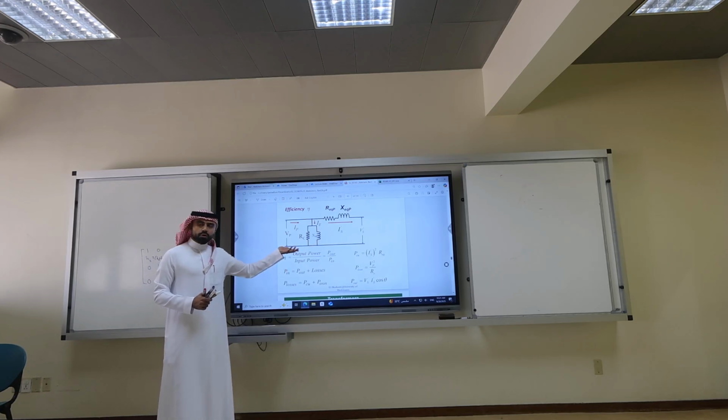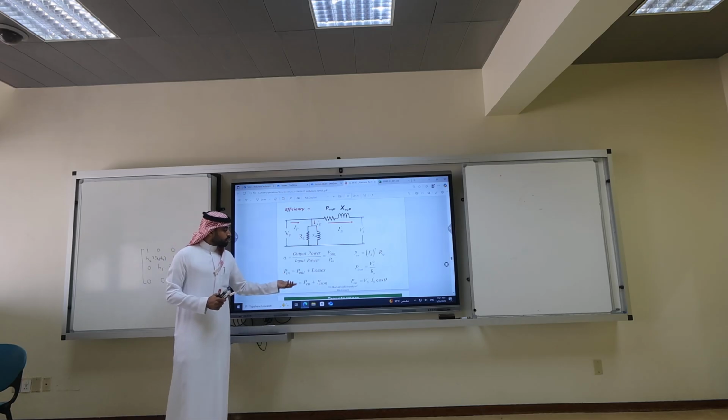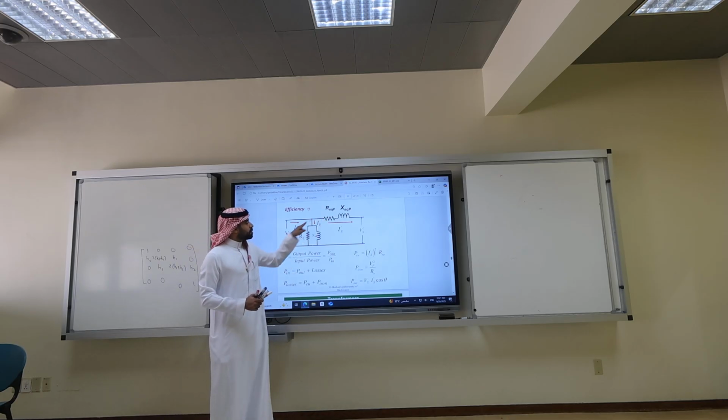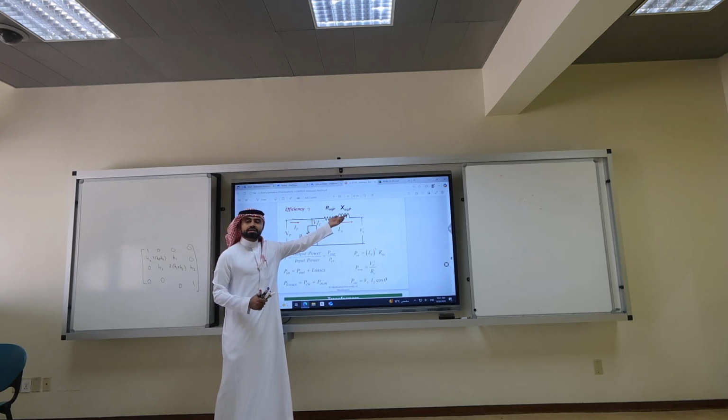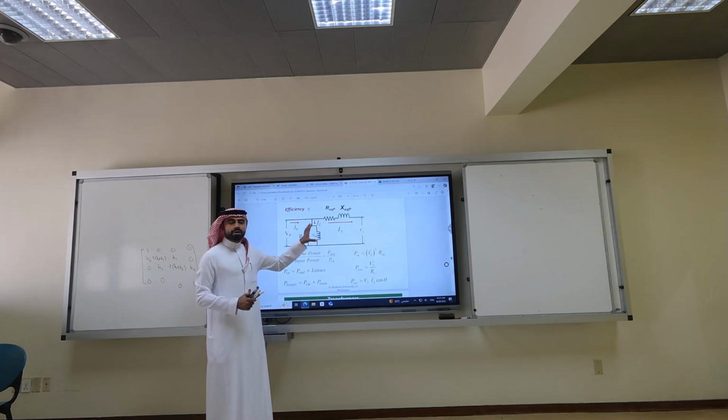Efficiency is output power over input power, but the input power is actually output plus losses. What type of losses do I have? Copper and core losses on the R. We do not consider flux linkage or magnetization losses in the efficiency because we care about the real power. Customers pay for what? Real power.